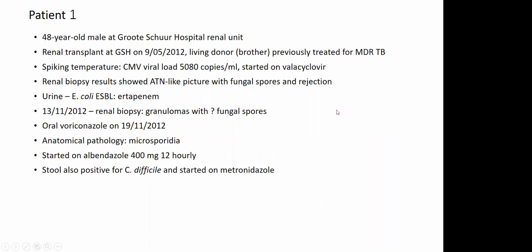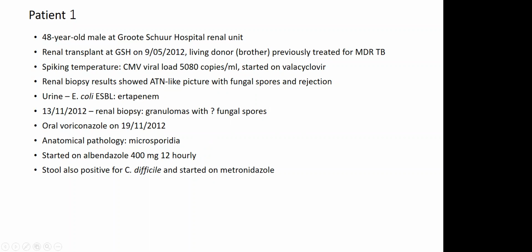But the first case, after going through quite a stormy illness, finally, anatomical pathology in Cape Town identified microsporidia infection in the renal graft, and started the patient on albendazole.